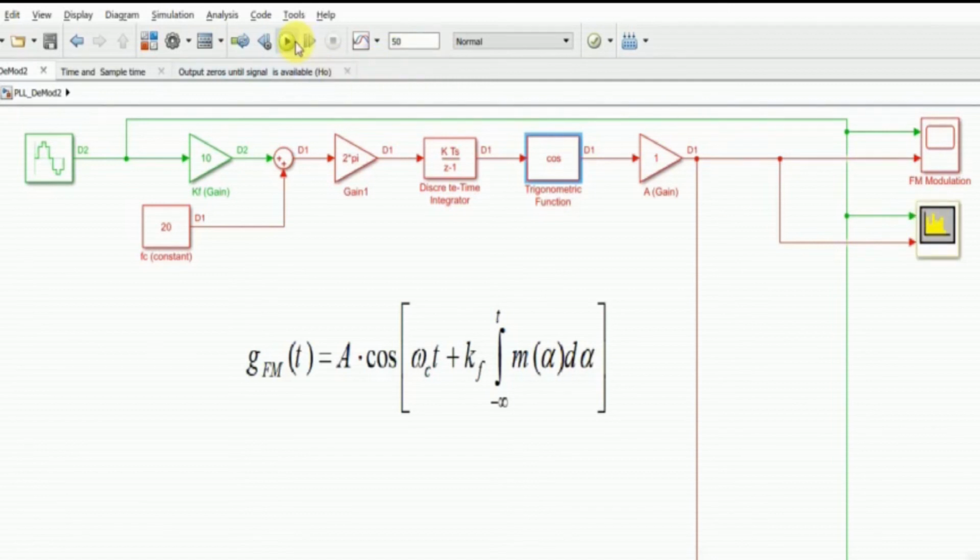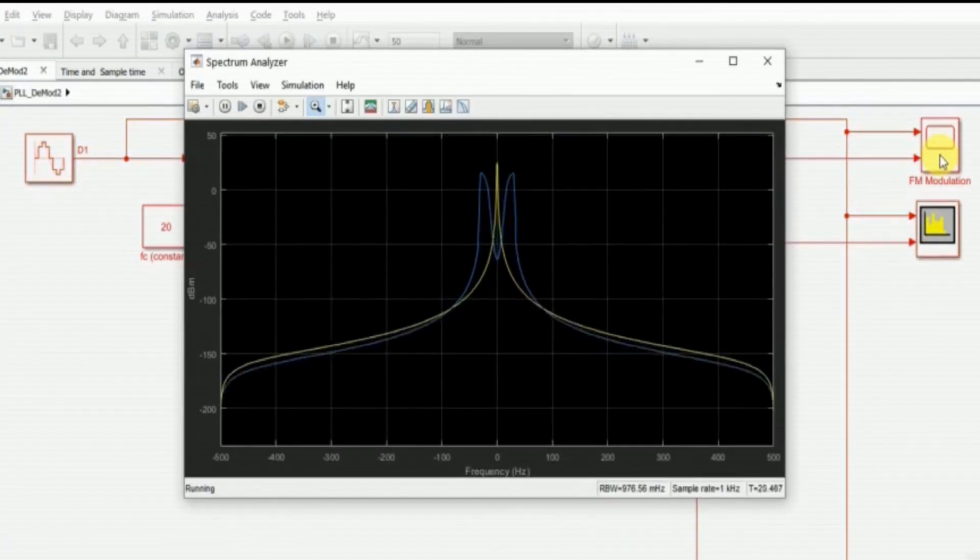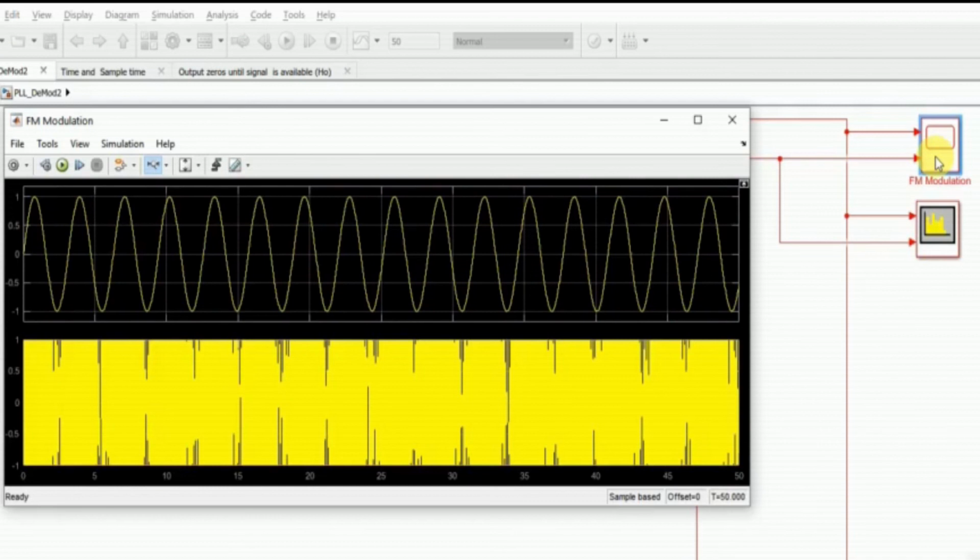So if we simulate it, right, so we have a time domain signal over here, and this is our message signal, the upper plot in time domain, and this is frequency modulated signal.